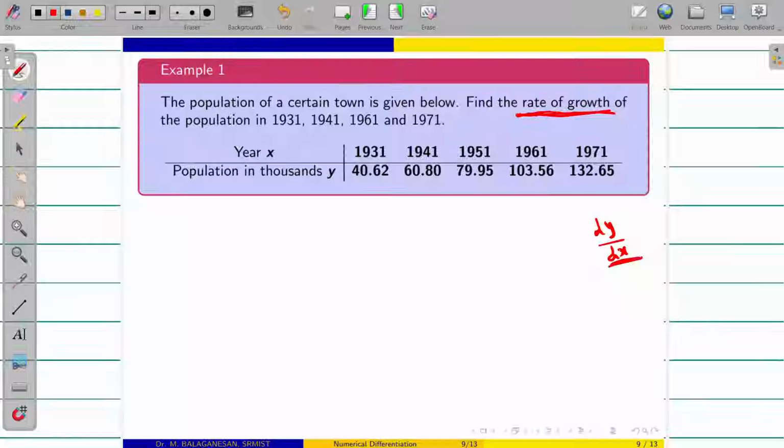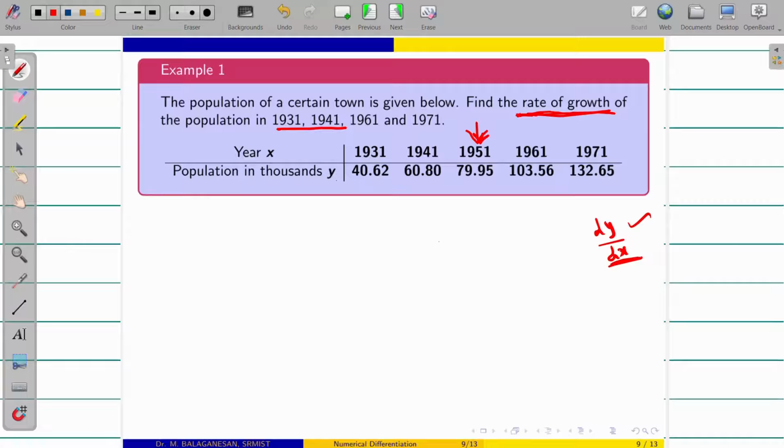That's it. So 1931 and 1941 are before the middle level, so we can use the forward interpolation formula for the first derivative only, we are not going to find higher derivatives.